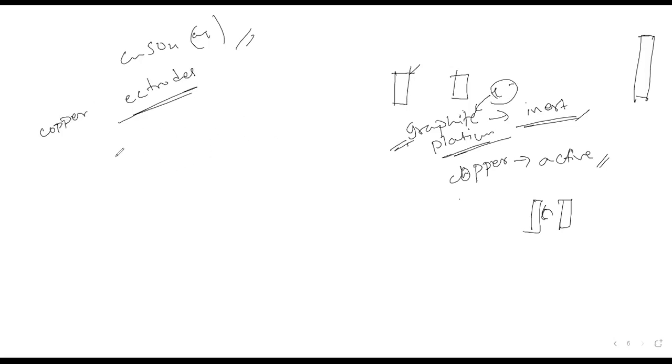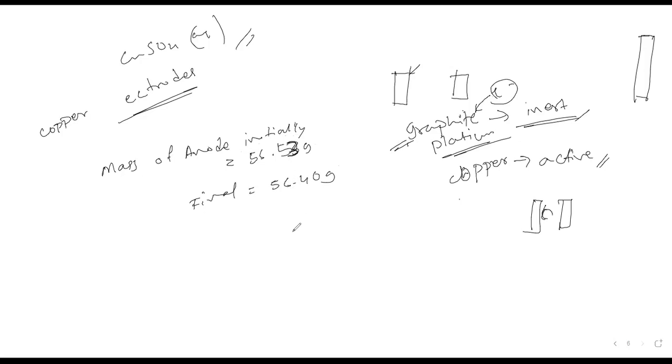Experimental data is given. Let's say the mass of the anode initially, at the start, is 56.53 gram, and the final mass at the end is 56.40 gram. Now, what do we instantly observe?